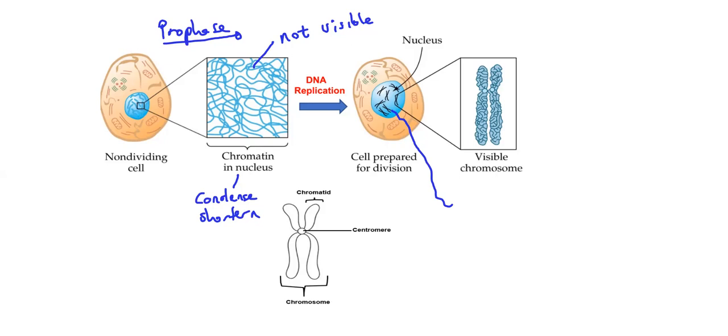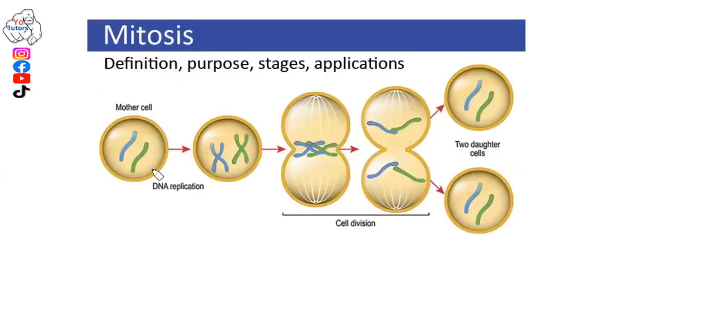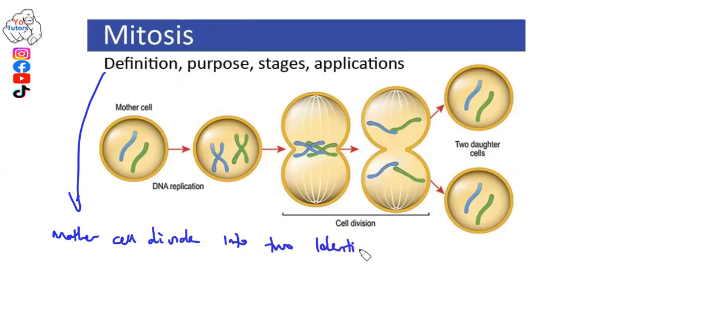Okay. Now let's move on to the process of mitosis. We are going to discuss mitosis in detail, but you must know that you are mostly focusing on meiosis, though we need to understand what mitosis is. Mitosis is the division of a mother cell into two identical daughter cells.